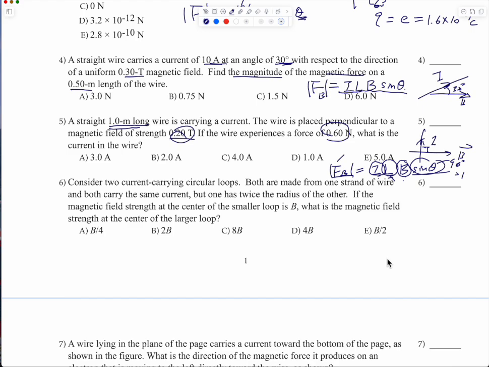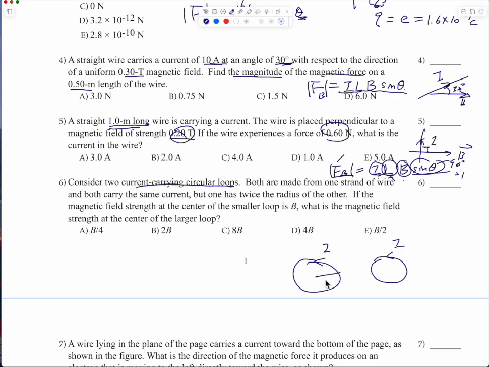All right, number 6. Consider two current-carrying circular loops, both made from one strand of wire, and both carrying the same current I. But one has twice the radius.